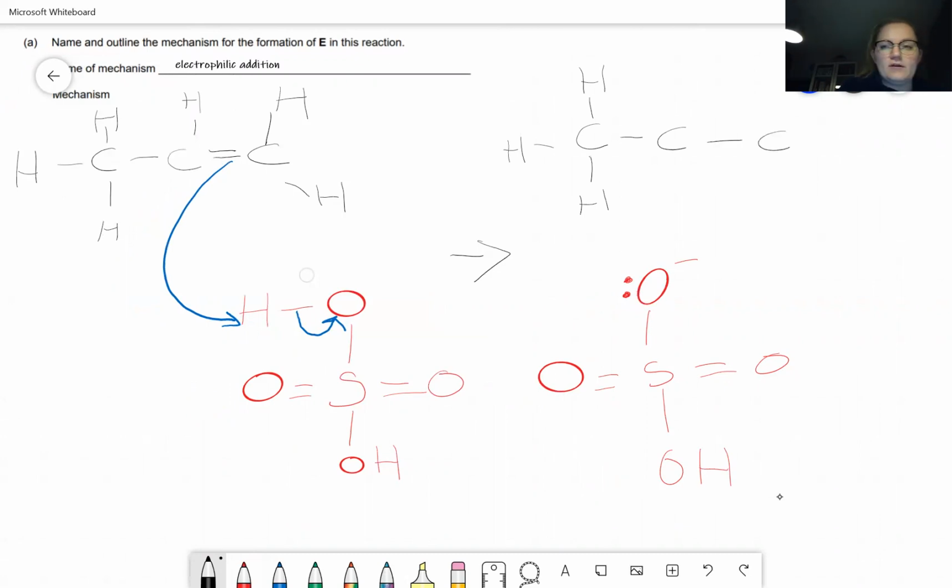We've not got that double bond anymore. That carbon's going to have a positive charge. I'm going to draw it underneath because I had my hydrogen above it before. Let's pop its positive charge there. And now this carbon has 3 hydrogens on it because of the addition from here.